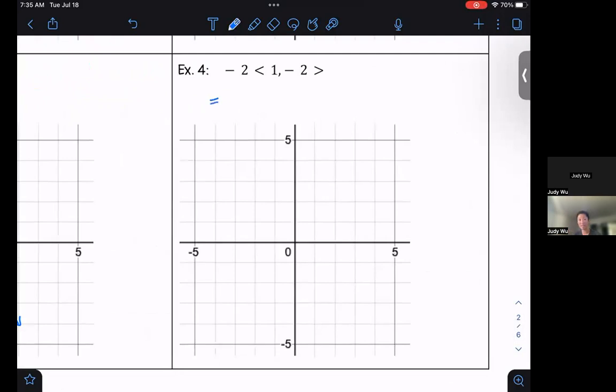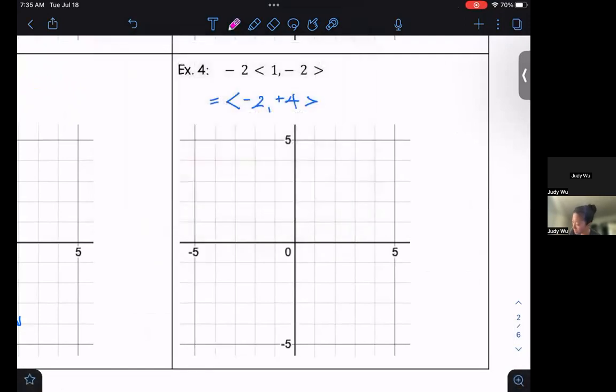This time I see a -2 on the outside. We're going to follow the same idea. I've got a scalar on the outside, the -2. I'm going to multiply it on the inside, so we get -2 comma +4.